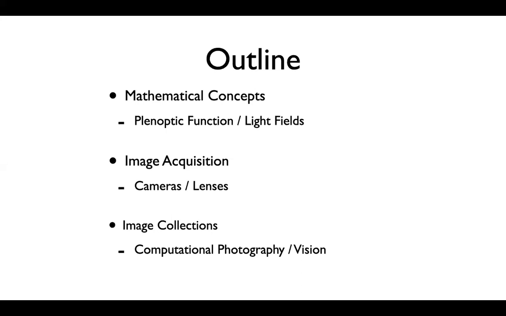And then we are going to focus on image acquisition. So basically, how to capture the plenoptic function through light fields. And we are going to analyze the sensing devices. So there are different types of cameras.